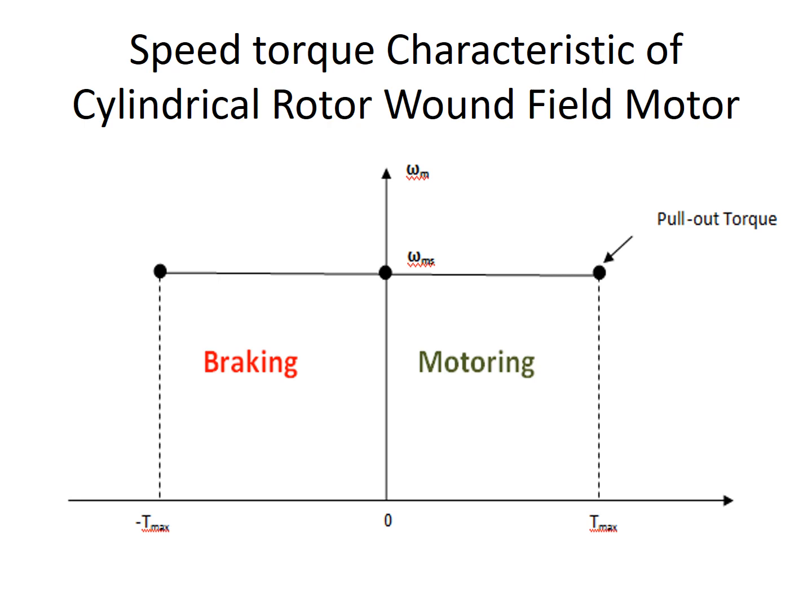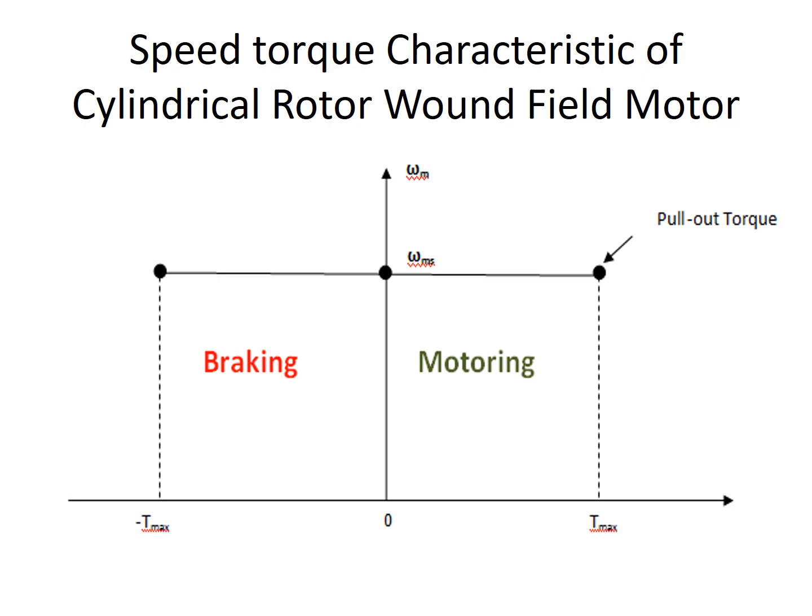You can also see that the speed is constant till the maximum torque called pull out torque. After this torque, the speed won't be constant and the machine will pull out of its synchronism.